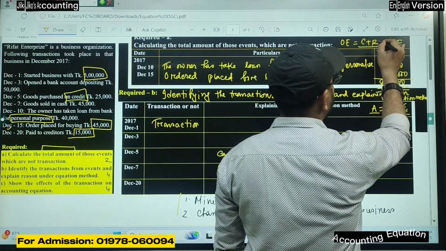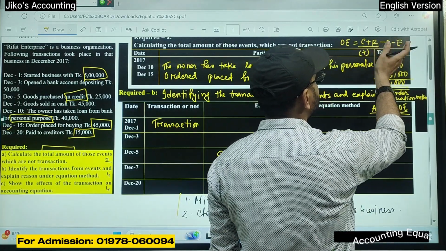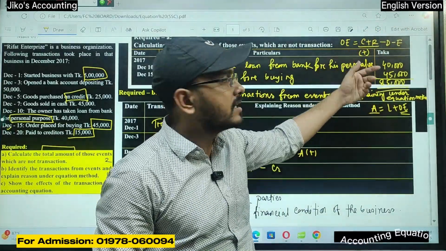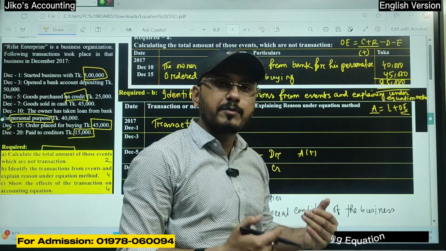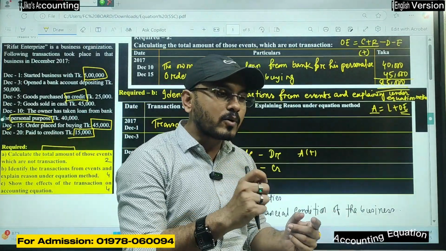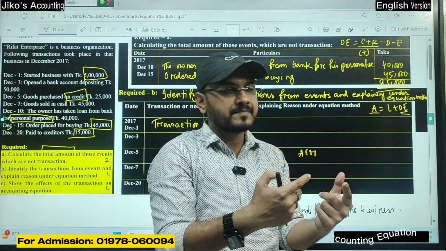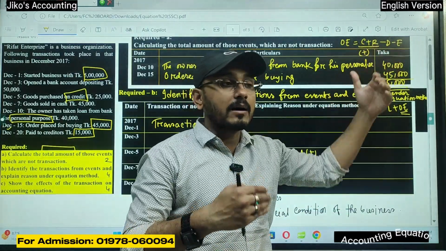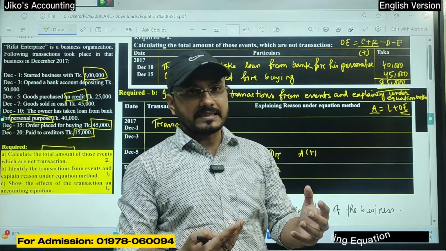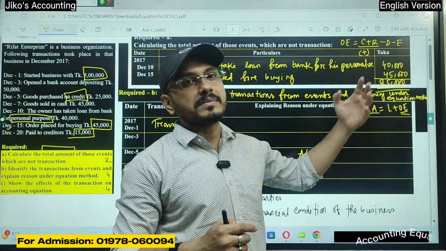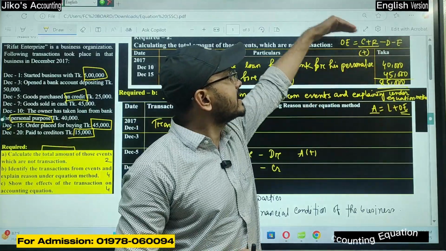Wherever capital and revenue are increased in the business, that indicates the increment of the equity, because the more capital is brought by the owner, the more the owner's claims on assets will increase in the business. Likewise, the more revenue is generated by the business, the more the owner's claims will increase. That's why it indicates that equity increased.